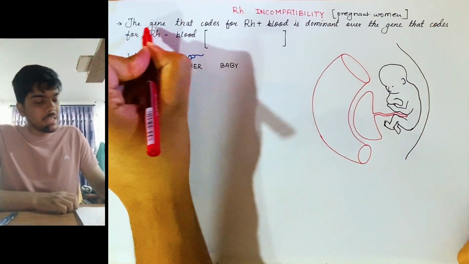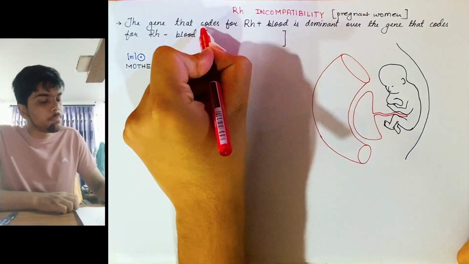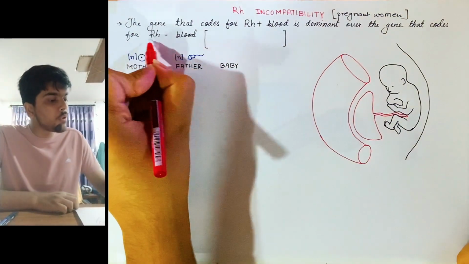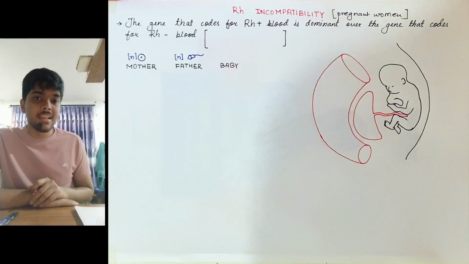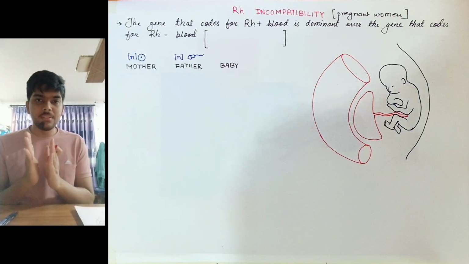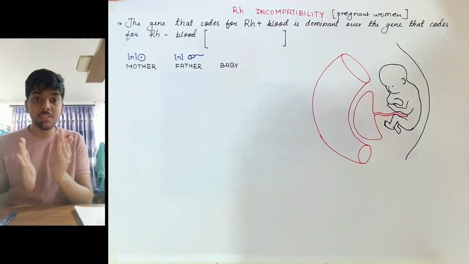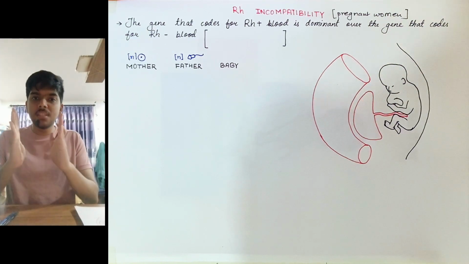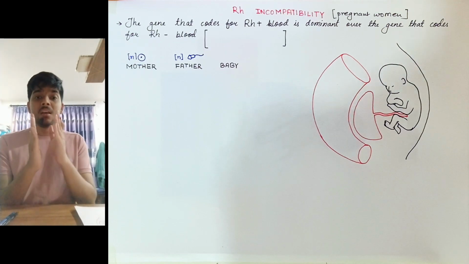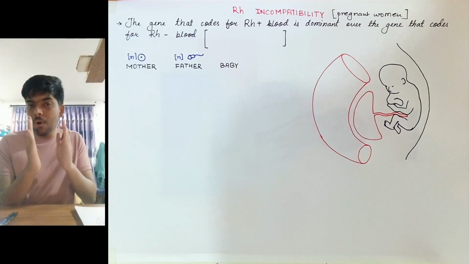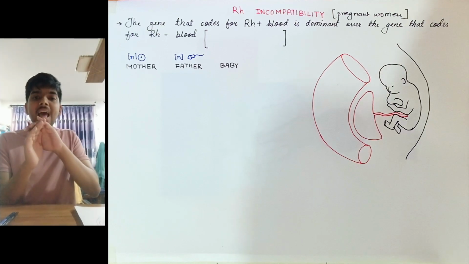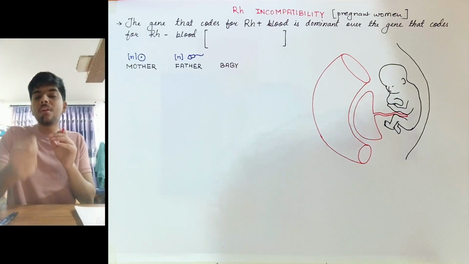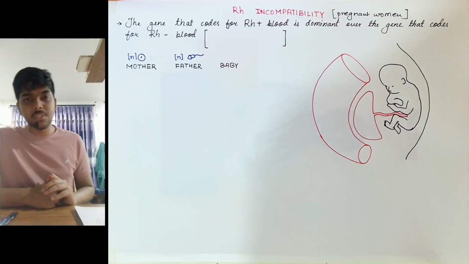The gene that codes for RH positive blood is dominant over the gene that codes for RH negative blood. That is, if there are two genes, one that codes for RH positive blood and the other that codes for RH negative blood, and these two genes are kept together, then the gene that codes for RH positive blood suppresses the character of the gene that codes for RH negative blood, and the type of blood that comes out is RH positive.